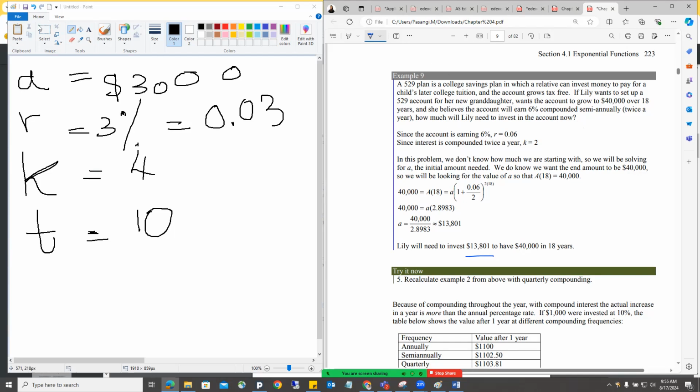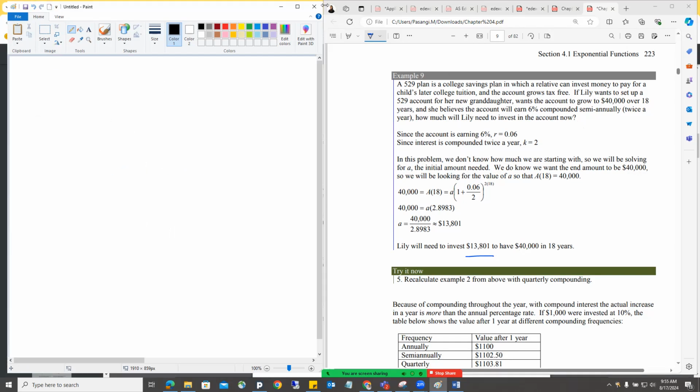So, how does it happen? A 529 plan is a college savings plan in which a relative can invest money to pay for a child's later college tuition, and the account grows tax-free.